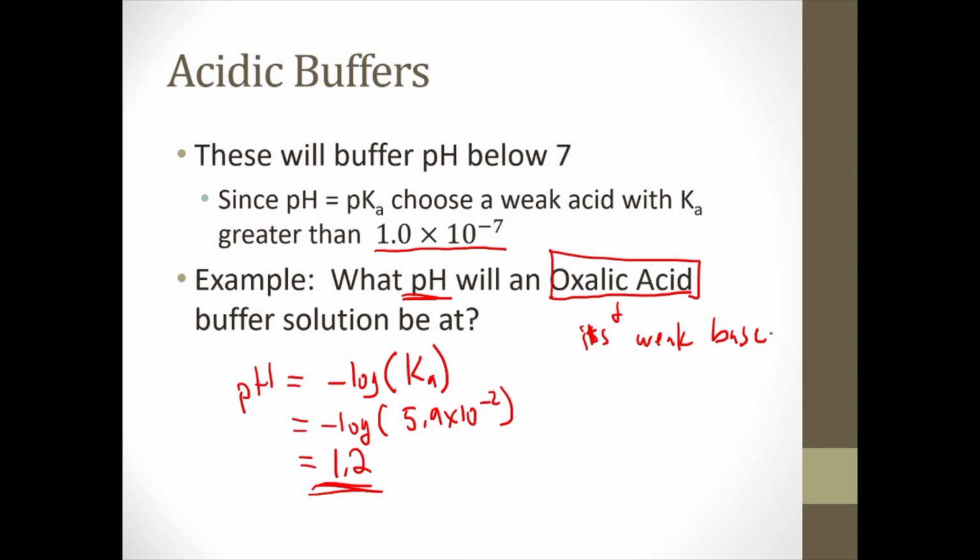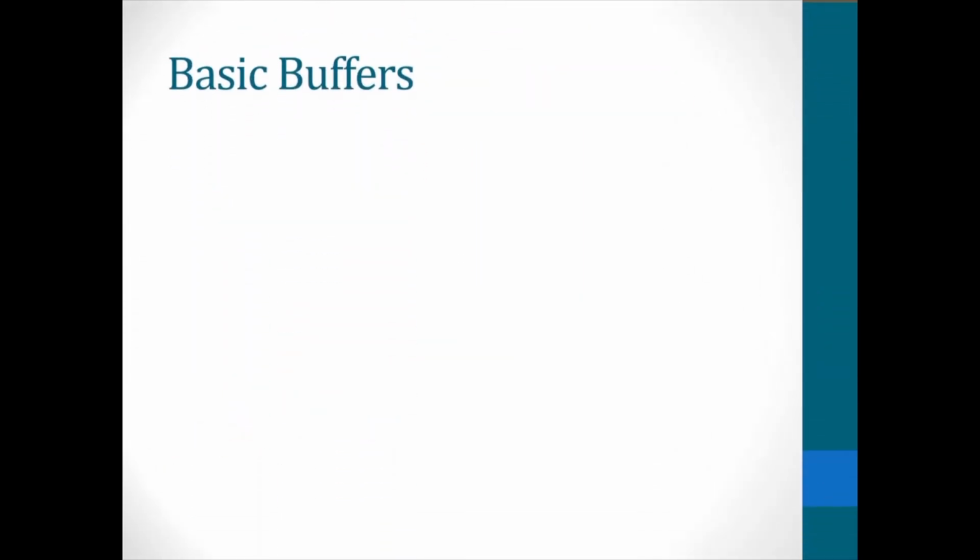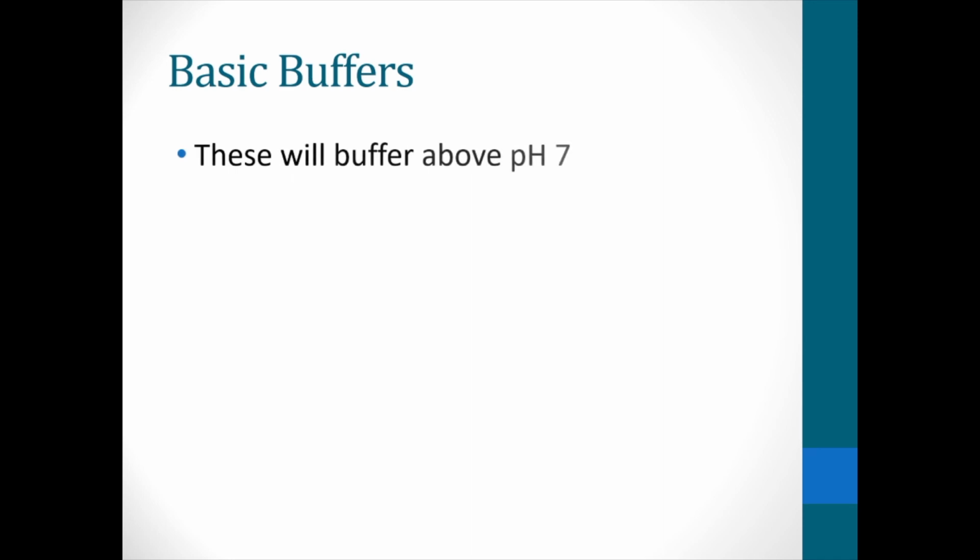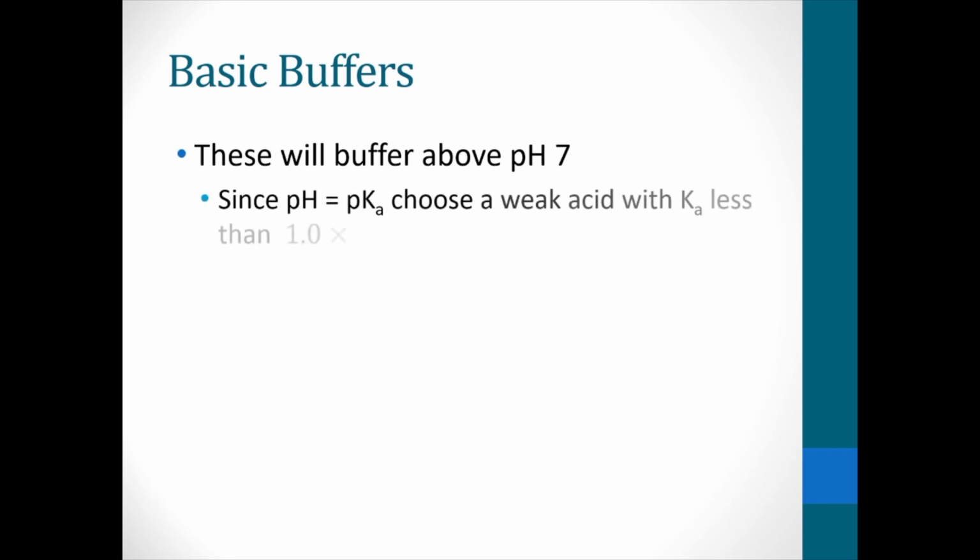A basic buffer does the opposite. A basic buffer will try to keep the pH above 7. And much like before, we simply choose a substance where the Ka of the substance is less than 1.0 times 10 to the negative 7.